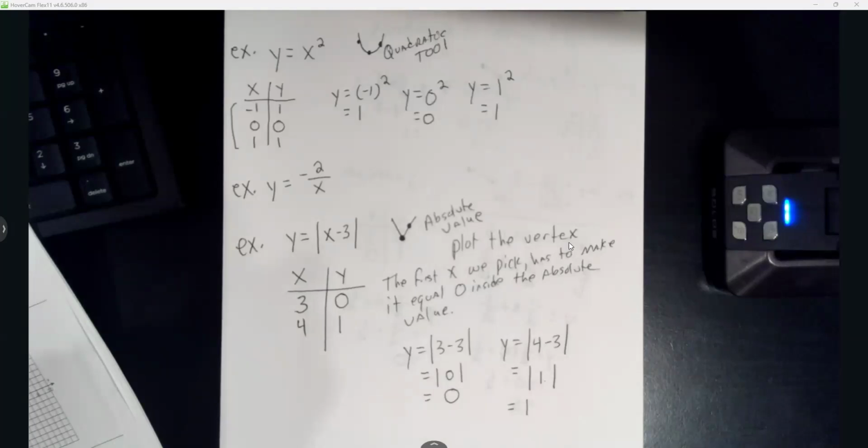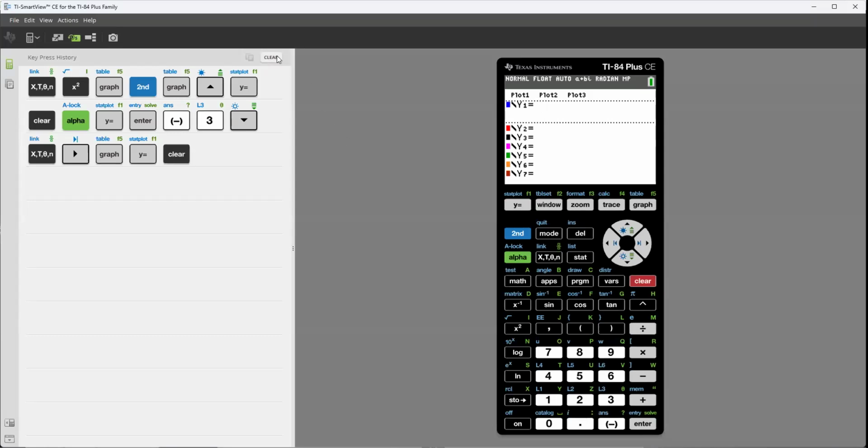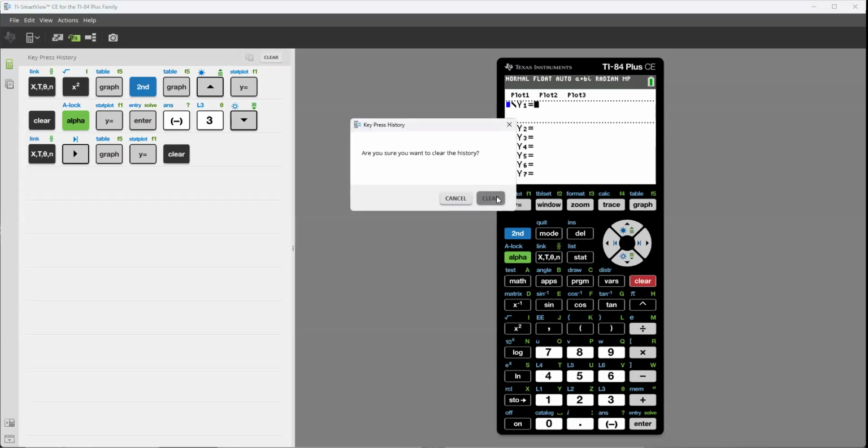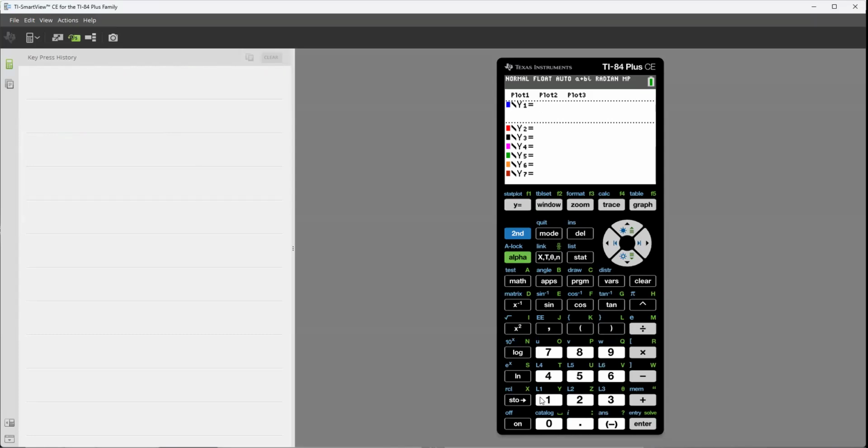So go to y equals. I'm going to clear everything. Now, you don't see an absolute value button on here. So here's how you're going to get to absolute value. You're going to hit the math button on the left side under the green alpha that says math. Hit that. You're going to arrow right and highlight the NUM column.